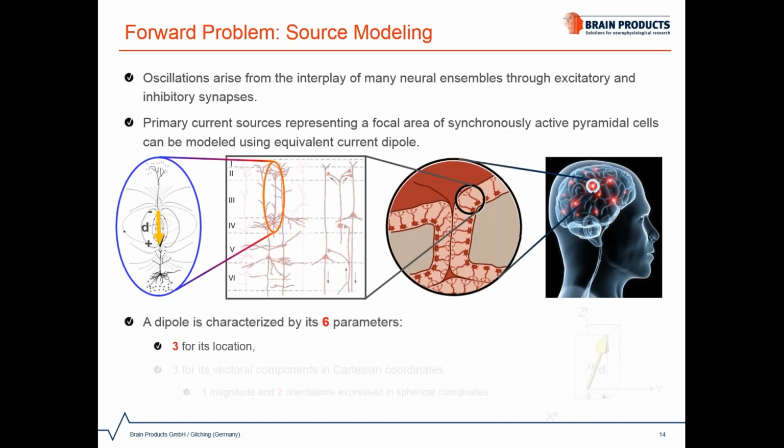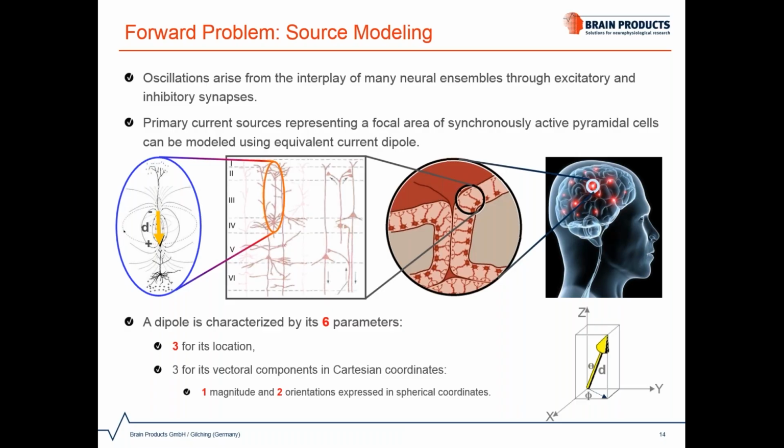A dipole is characterized by its 6 parameters, 3 for its location and another 3 for its vectoral components, that is, the x, y, and z components of the dipole in Cartesian coordinates. These vectoral components can also be transformed into spherical coordinates, resulting in its magnitude and its 2 orientations, that is, an azimuth angle phi and an elevation angle theta.